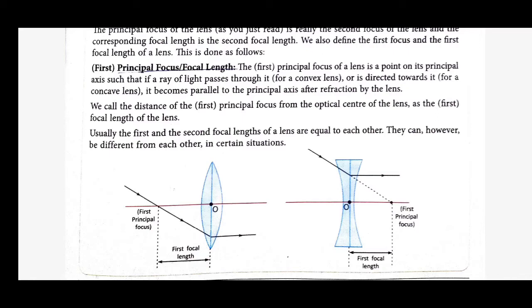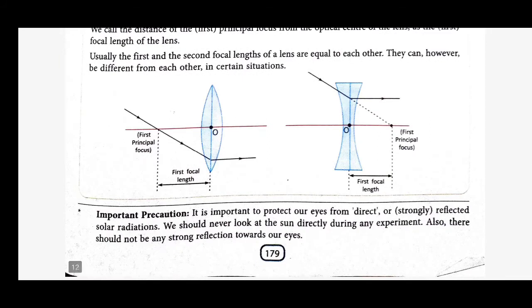So in a convex lens, the first principal focus stays on the left side and the second principal focus on the right side. But in concave lenses, the first principal focus is on the right side and the second principal focus is on the left side.